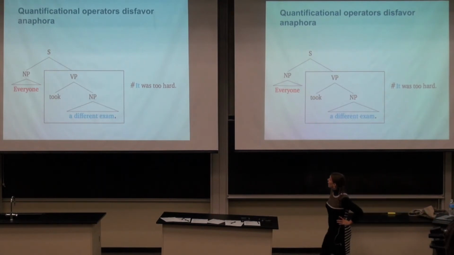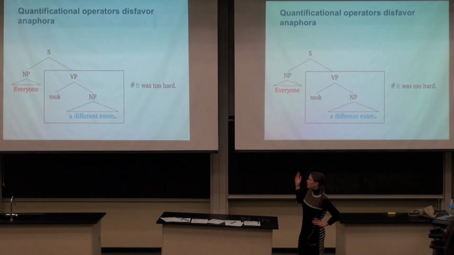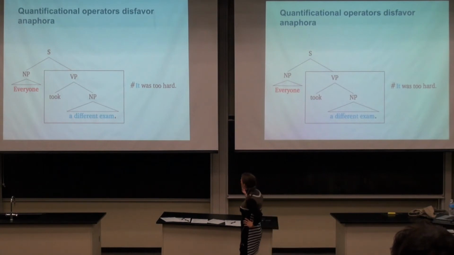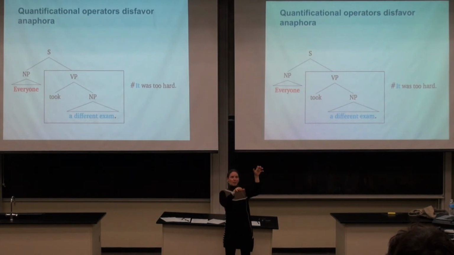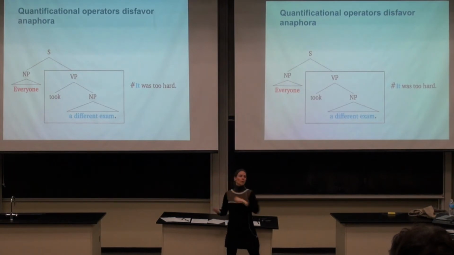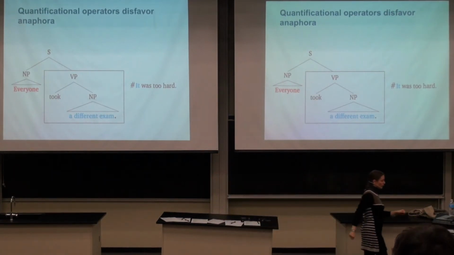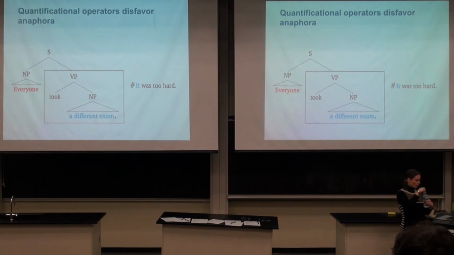Everyone took a different exam. It was too hard. Same, I think, goes with everyone took an exam. It was too hard. The problem is that here you have quantificational dependencies between everyone and an exam, which kind of go pairwise, and that conflicts with just having this wide-scope pronoun in the second sentence.